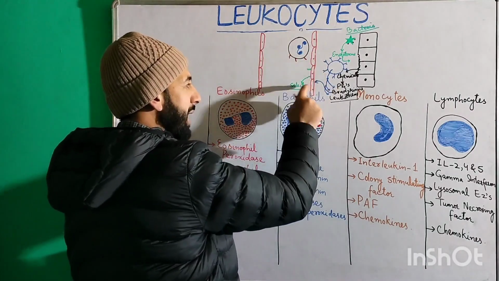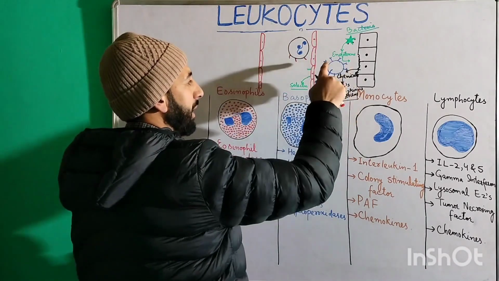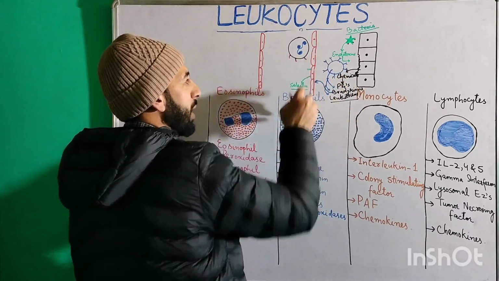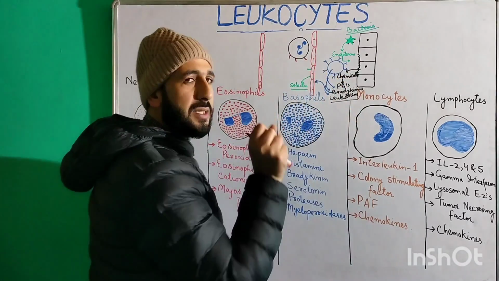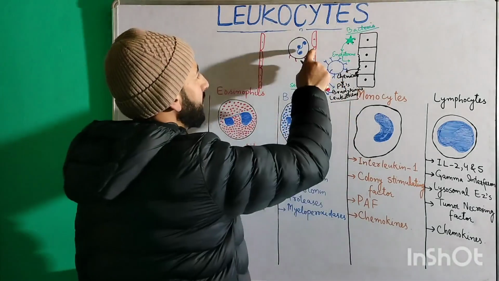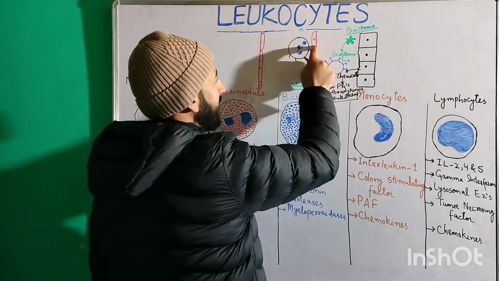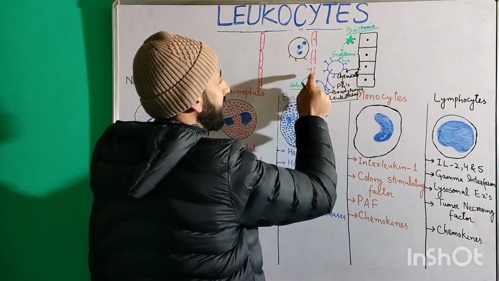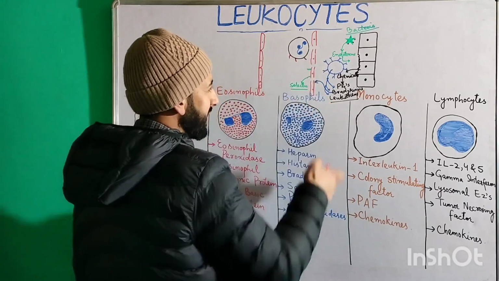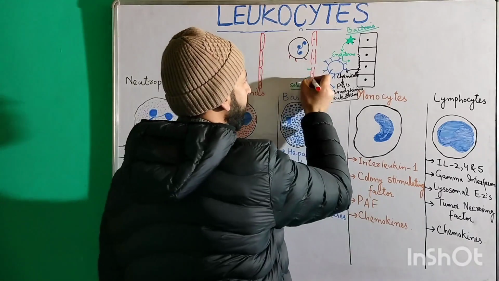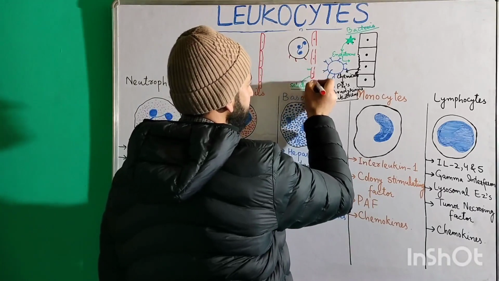But once they are stimulated by all these chemicals, these endothelial cells start contracting, and they contract in such a way that gaps will be formed in between these endothelial cells, just like this.